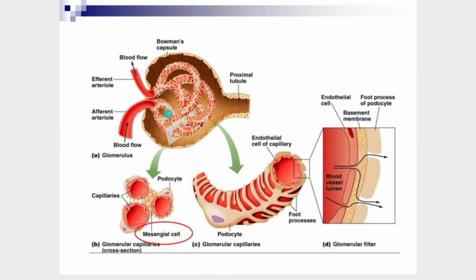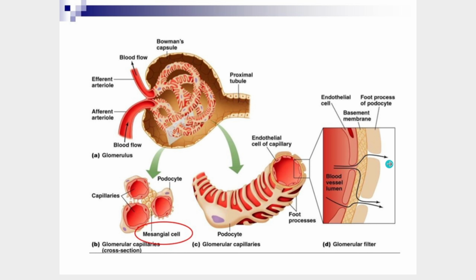So high hydrostatic pressure forces many blood components out from the glomerulus into the Bowman's capsule, including amino acid, glucose, water, of course, and also salt, and other excretory products and urea, all that. And the highly coiled glomerular capillary also provides a larger surface area to facilitate efficient high-volume filtration of blood plasma into the glomerular filtrate.